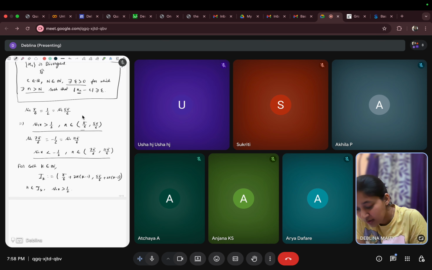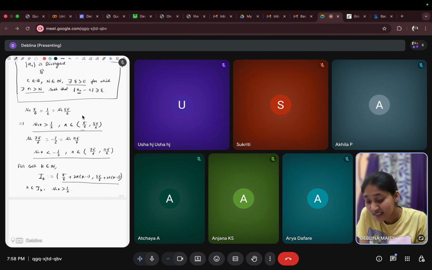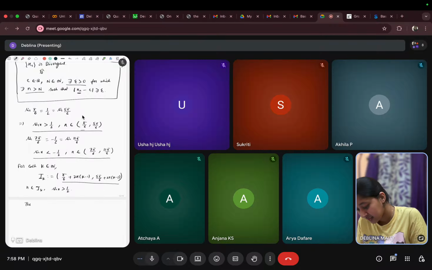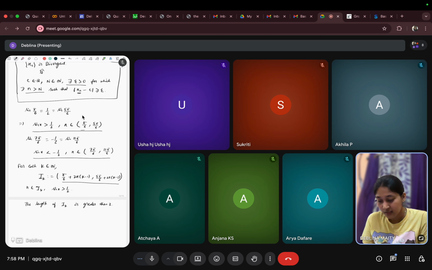Now see the length of this Ik, which is 5 pi by 6 minus pi by 6. So the length of each Ik is greater than 2. This length being at least 2 means that at least 2 natural numbers lie in this interval.